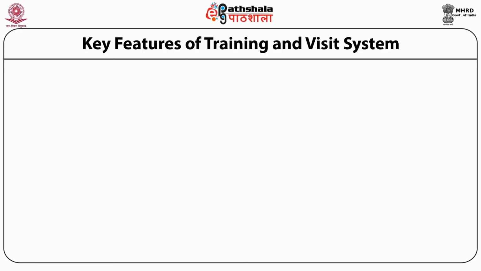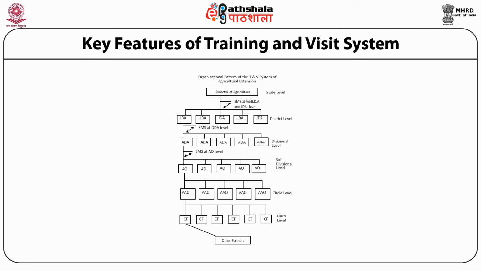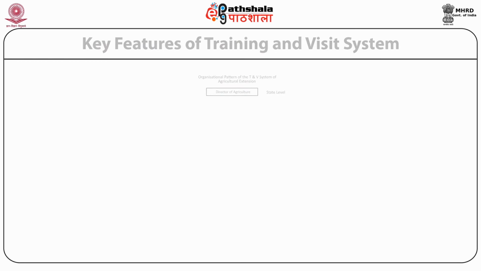When the training and visit system was reviewed, apart from its key features and various positive impacts on society, there were some limitations that we will be discussing one by one.